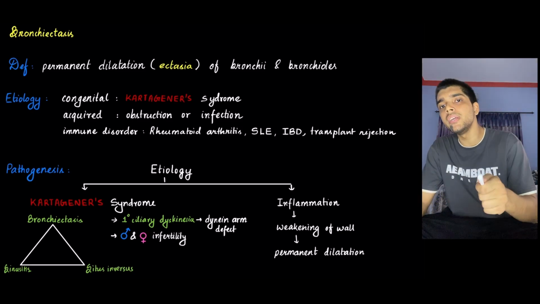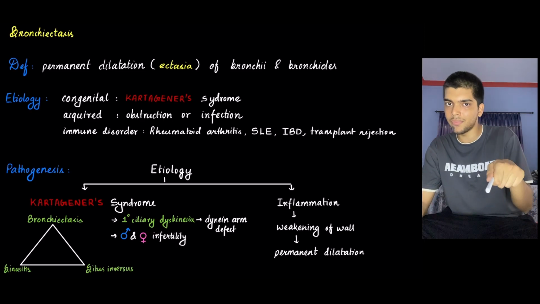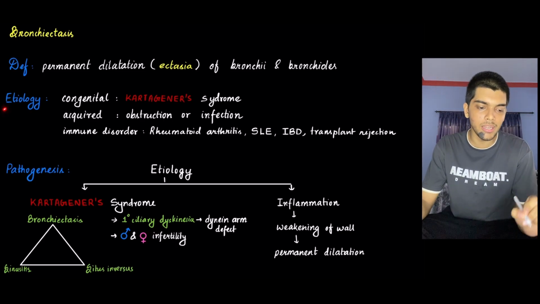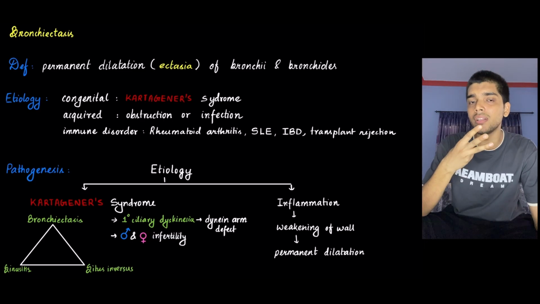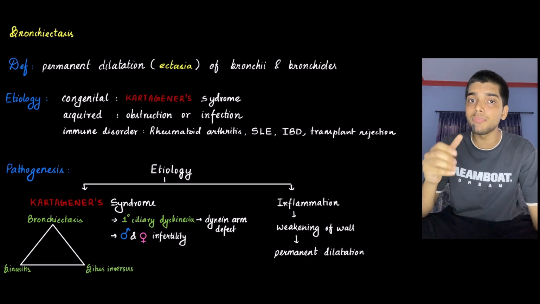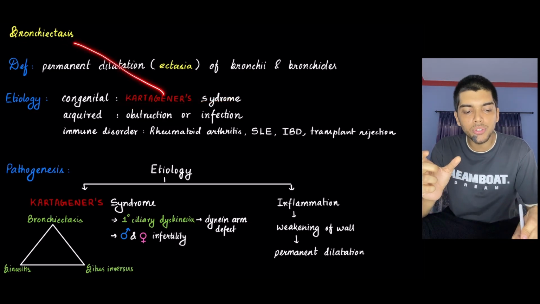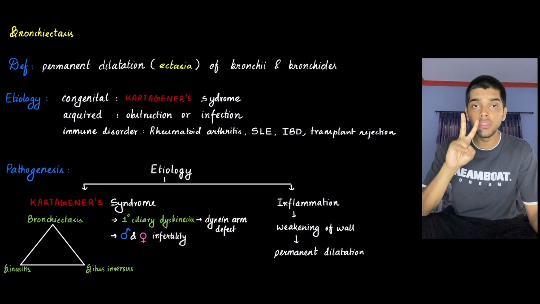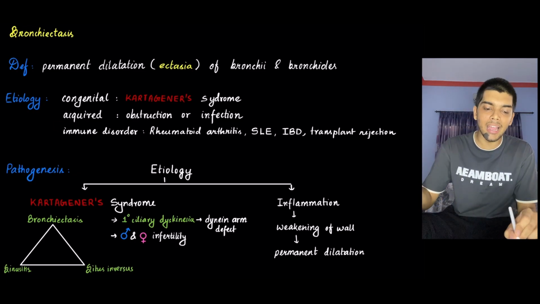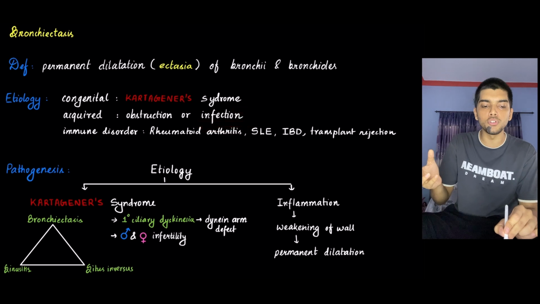Now the question is, how does this damage occur? What are the causative agents of this damage, or the etiology? There are three major etiological factors. Number one, congenital, that is, by birth the child might have Kartagener's syndrome, which is strongly associated with bronchiectasis. Number two, acquired: later on in life there might be obstruction in the tube or infection that leads to bronchiectasis.